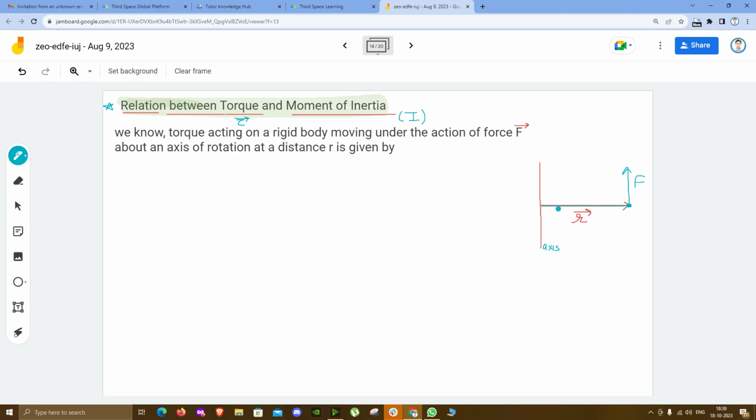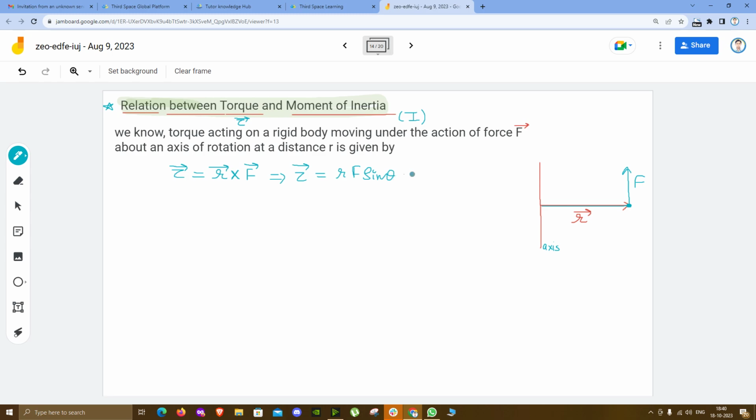So the torque will be the cross product of r and the linear force F itself. This implies torque will be equal to rF sine theta, that is, their magnitudes with the sine of the angle between them.